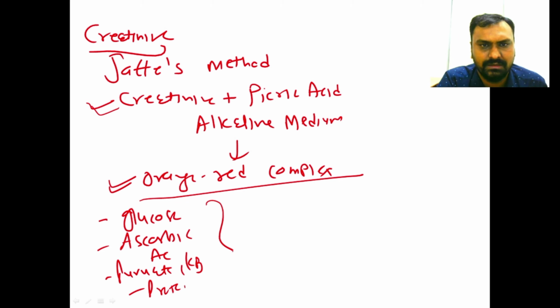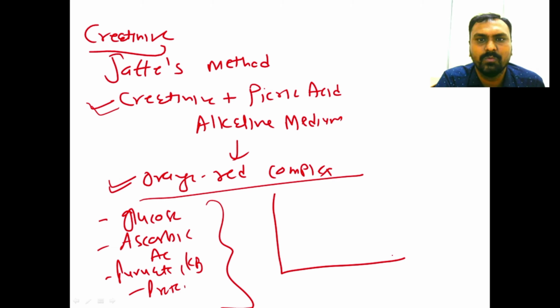So they are interfering. So what we do, we use a modified Jaffe method, that is fixed point. So we take the OD at 20 second and 80 second, okay, and the change in absorbance between 20 second and 80 second we measure.